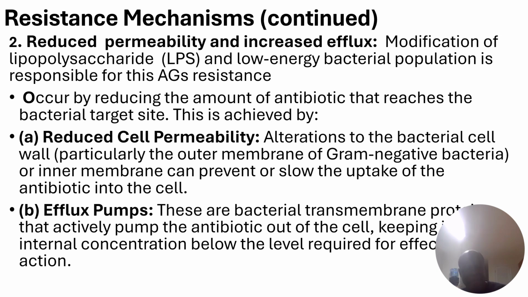So the second route of resistance is reduced permeability and increased efflux. Here, modification of lipopolysaccharides and a low-energy bacterial population is responsible for the resistance. It occurs by reducing the amount of antibiotic that gets to the bacterial target site.